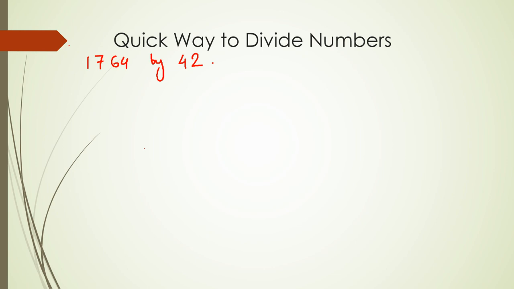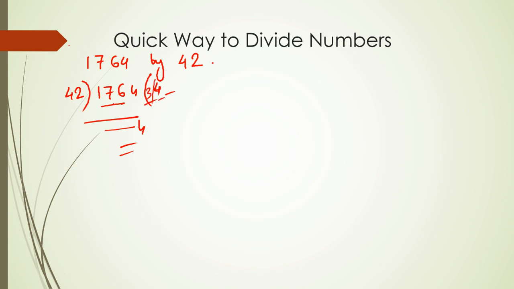If we do it using the traditional method, the way we will approach it is 1764. We will probably divide this first by 4 and get something, subtract it, then this 4 will come down again. Sometimes we are not sure if it should be divided by 4 or 3.